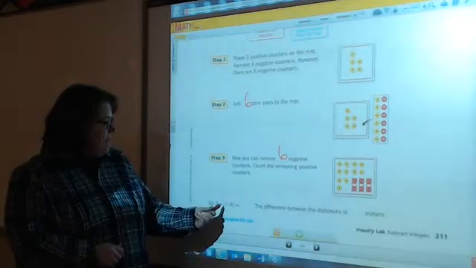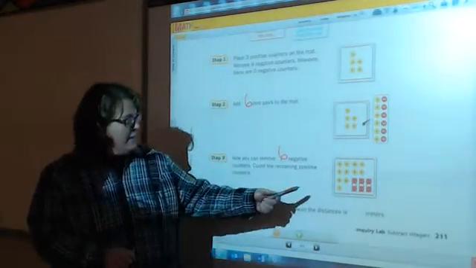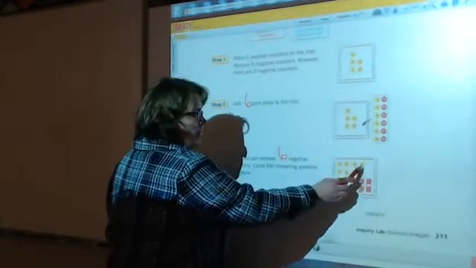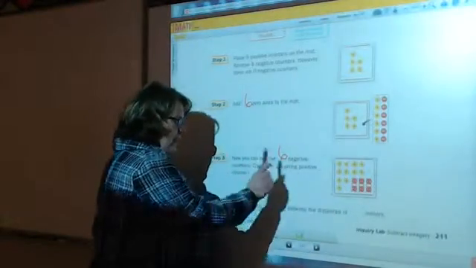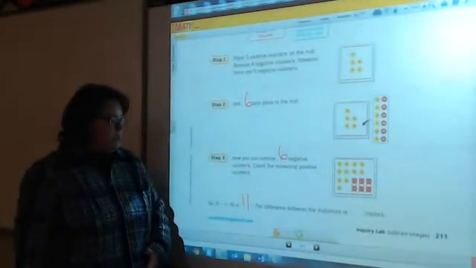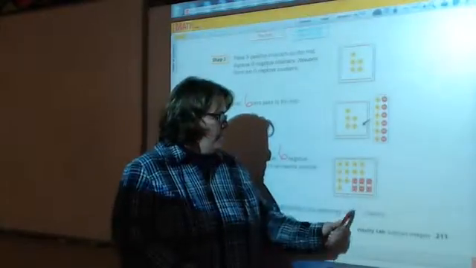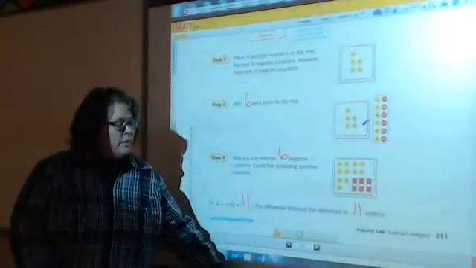So 5 minus a negative 6 is going to equal 1, 2, 3, 4, 5, 6, 7, 8, 9, 10, 11. The difference between the distance is 11 meters. Okay?